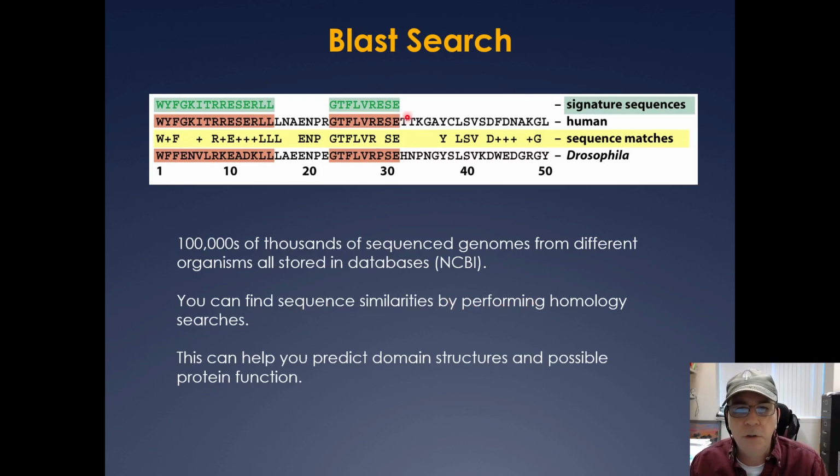Oftentimes you can then figure out whether there are structural similarities between the two. And these can help you predict the domain structures and possibly protein function. Okay, so the point here is that there are a lot of bioinformatics packages out there for you if you're ever studying a specific protein.